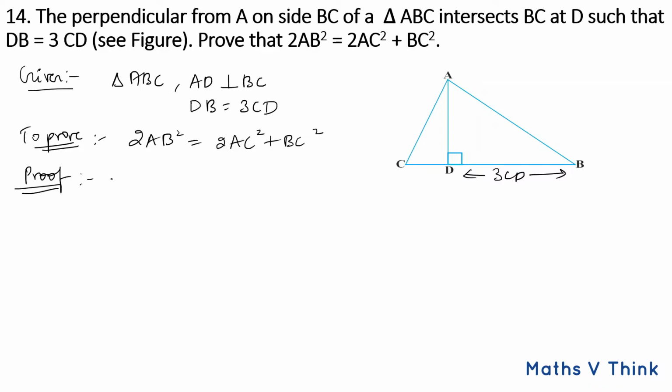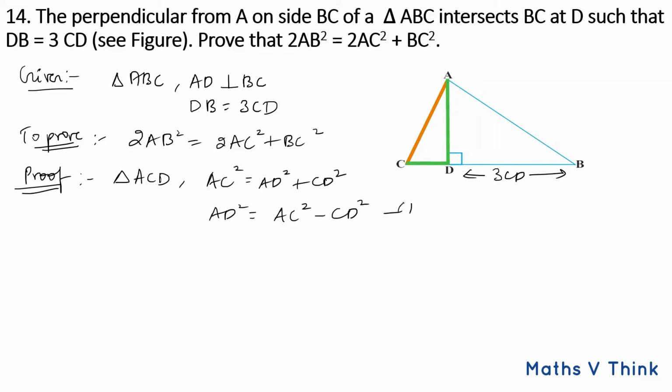First I am taking triangle ACD. By Pythagoras theorem I can tell AC square is equal to AD square plus CD square. So I'll keep AD square this side, taking CD square as minus. So AD square is equal to AC square minus CD square. Let this be 1.